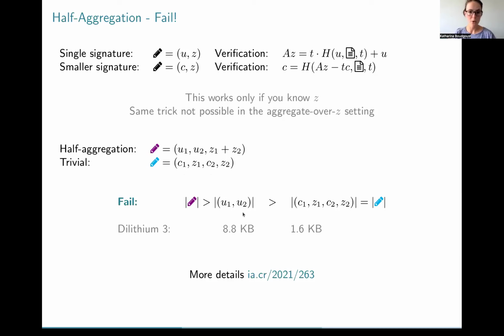So if I have U1 and U2, then this alone is already larger than sending the trivial concatenation. And that means aggregating the Z parts is completely useless here. And I mean, bigger by some factor of 3, 4. Yeah, so we're kind of stuck here. We don't really know what to do. We cannot really leverage the discrete log solutions in the lattice world here.